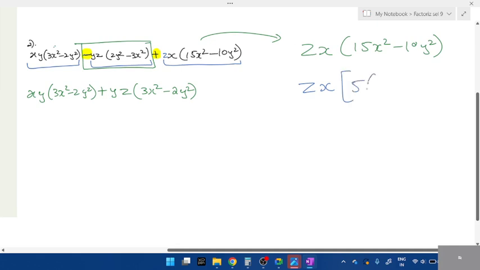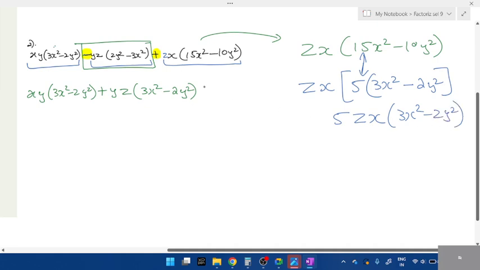Okay, let me take 5 outside. When you take 5, what's the remainder you get? Divide 3x square and divide this minus 2y square. Now I'll open the bracket. zx into 5 becomes 5zx into 3x square minus 2y square.